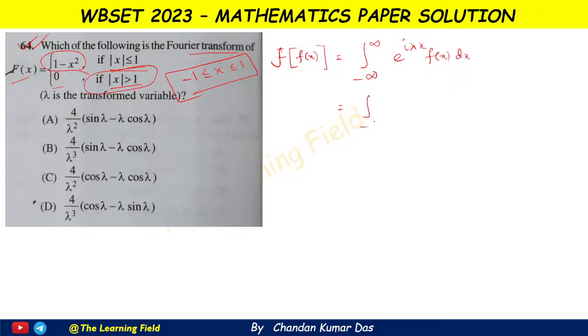Therefore we simply write here the integration from minus 1 to 1 of 1 minus x square into exponential iota lambda x into dx. So if we do this integral, then our problem is done and we get our answer.